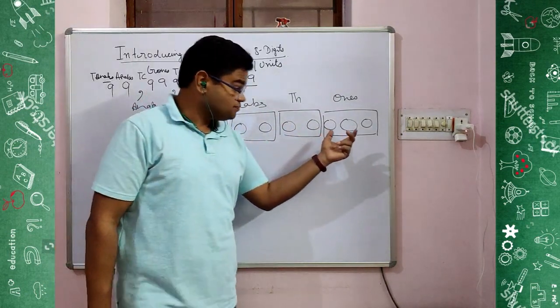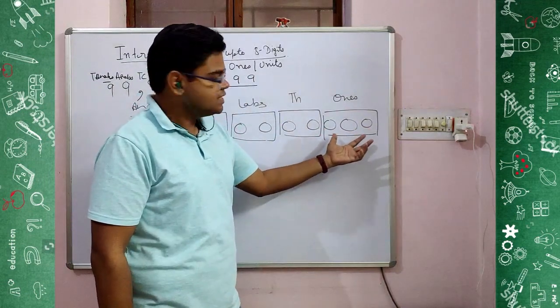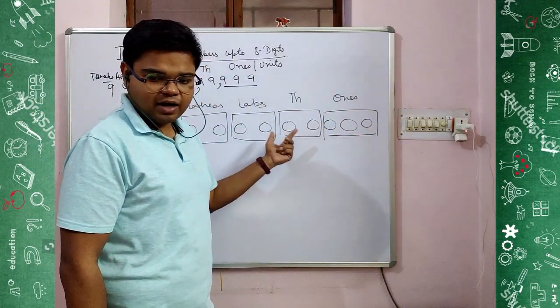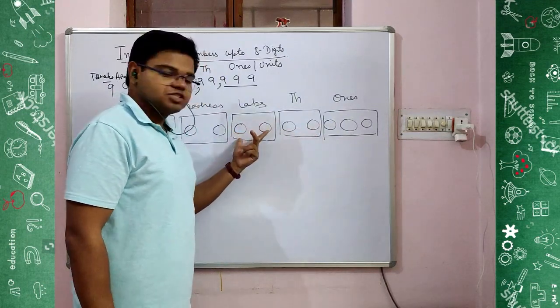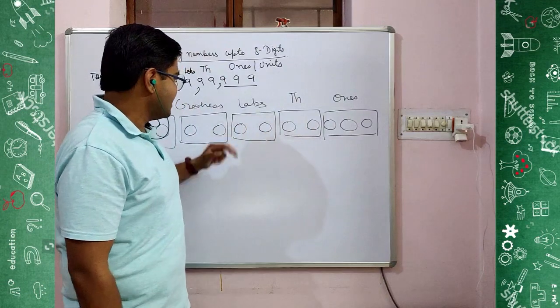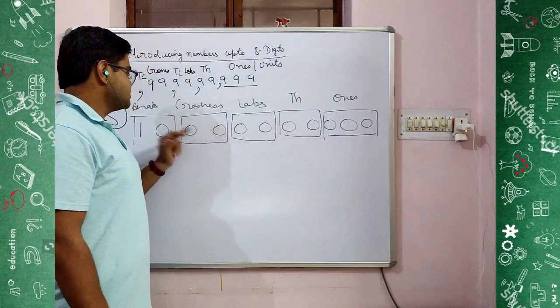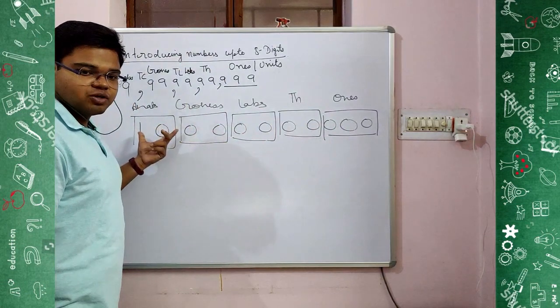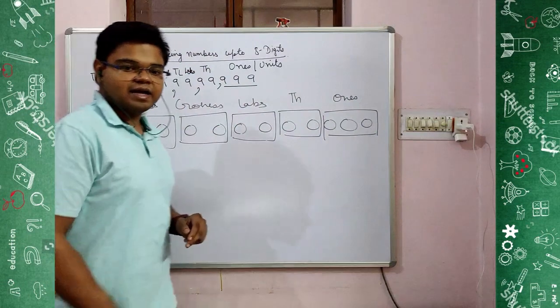And how do we split into groups? The first three digits are your ones, the next two digits are your thousands, 1,000, 10,000. The next two digits are your lakhs, lakh, 10 lakh. The next two digits are your crores, crore, 10 crore. The next two digits are your Arabs, one Arab, and then again we have 10 Arabs.